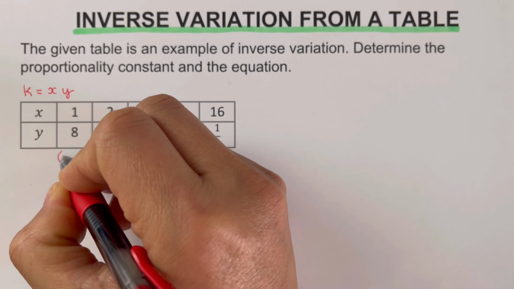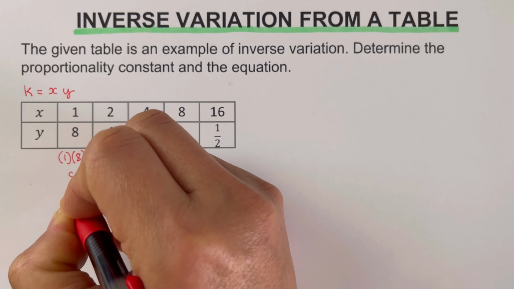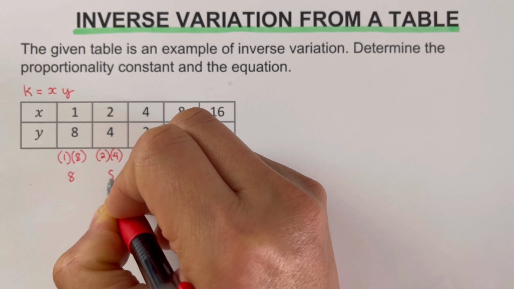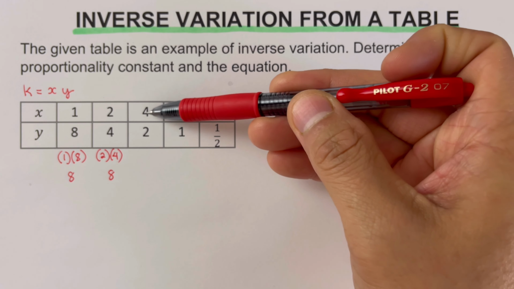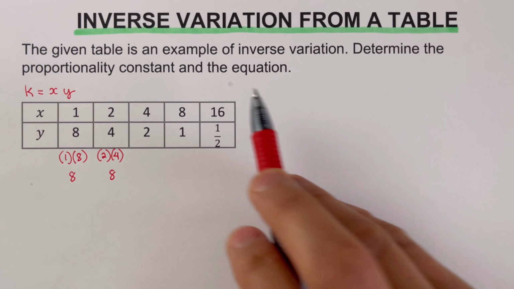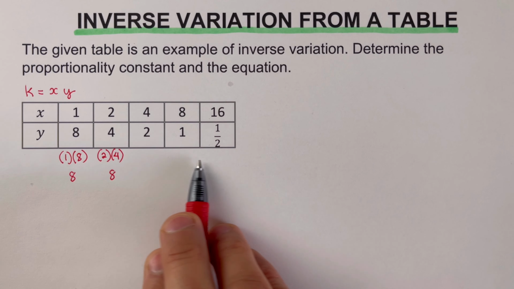So that would be 1 times 8, which is 8. And then 2 times 4, that would be 8. That means that for all of these, the product would be 8, since, again, this is an example of an inverse variation. But I'm going to show the work down here.